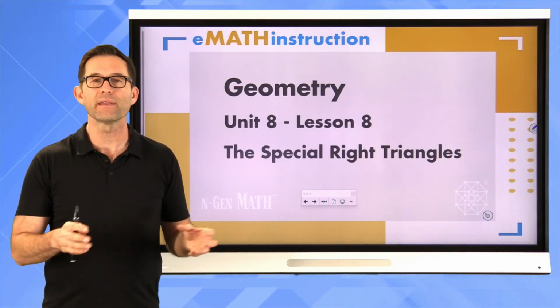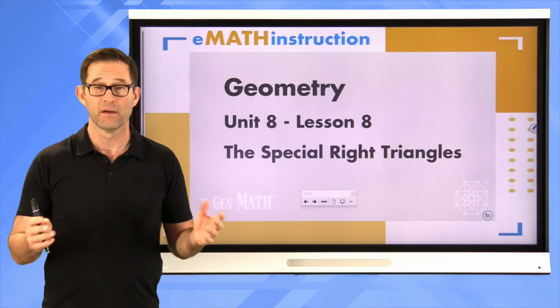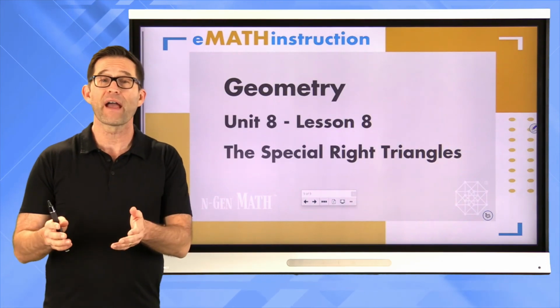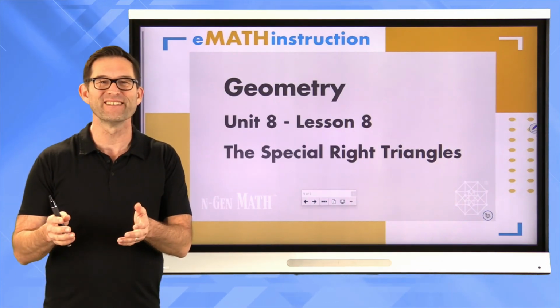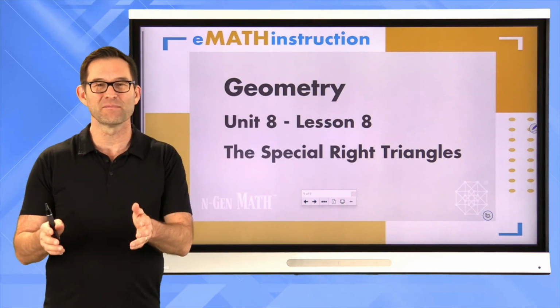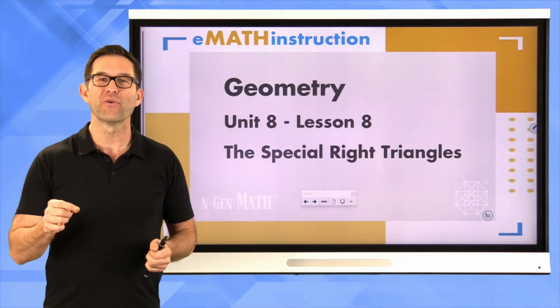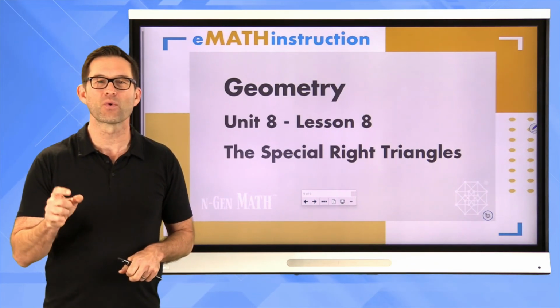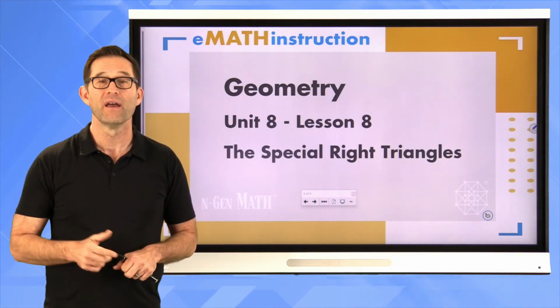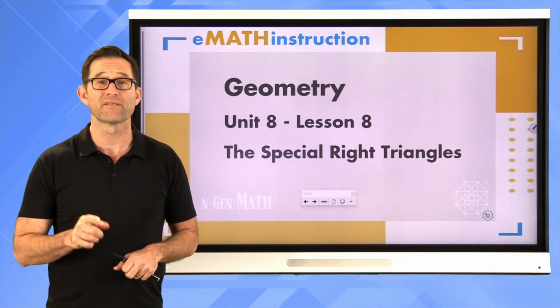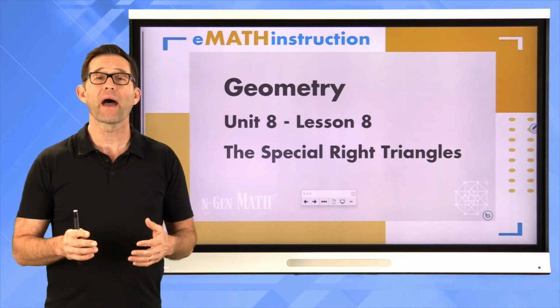Knowing how the side lengths relate to each other, i.e. in an isosceles right triangle, the hypotenuse is the leg length times the square root of 2. And in the 30-60 right triangle, the idea that the shorter leg is half of the hypotenuse and the longer leg is the shorter leg times the square root of 3, those patterns are helpful.